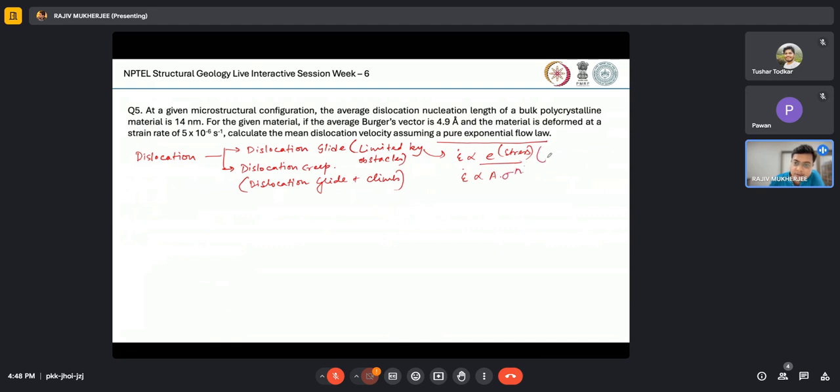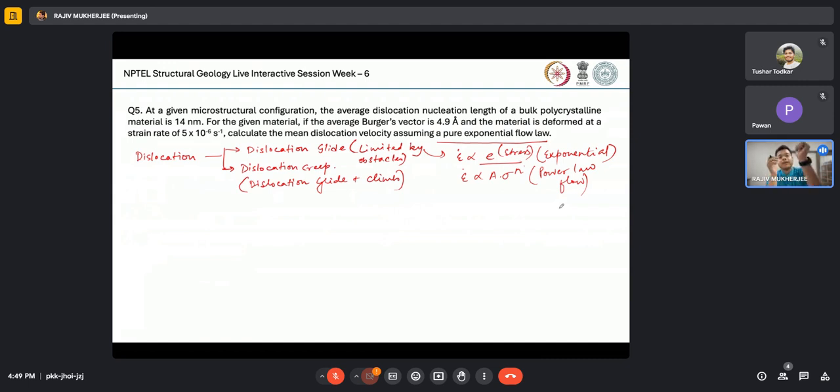So this one is the exponential flow law, and the other one is the power law flow law. Whenever there is a power law flow law, that means there is dislocation creep, where n is the stress exponent of the system.